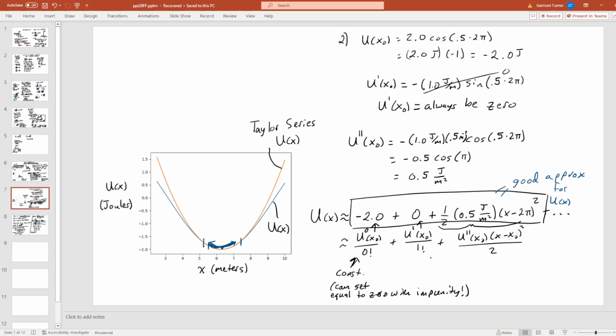Okay? This term is already 0, and you might have realized this before, but this is the force. Because your force is equal to the negative of your first derivative with respect to position, I should say the force sans minus sign.